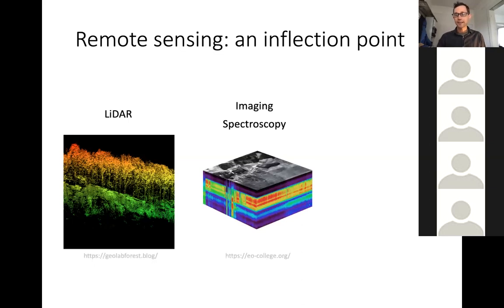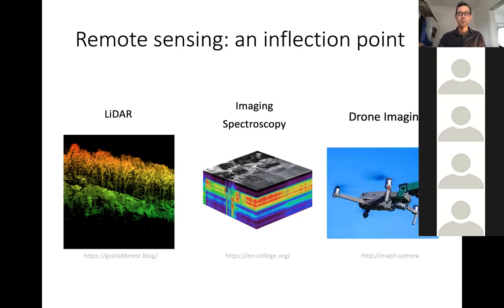And imaging spectroscopy, instruments that can see at a bunch of different wavelengths, not just a few spectral bands but sometimes hundreds, enabling us to identify individual species of trees or minerals, or map plant foliar chemistry across large domains. There's a ton of applications here. And finally, there are new drone, UAV platforms that allow us to collect extremely fine scale data. In some cases, extremely fine scale. I'll show you an example in a second.